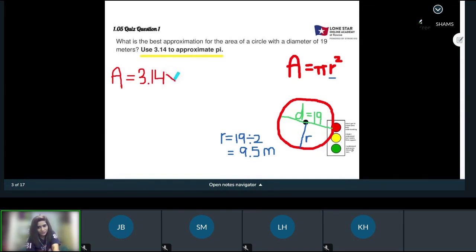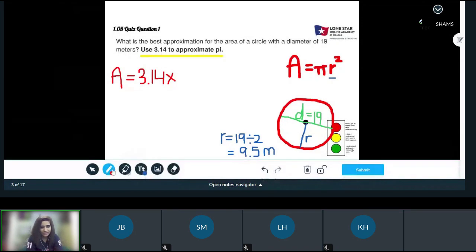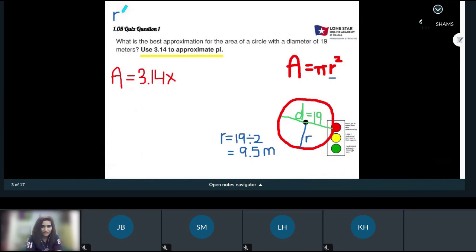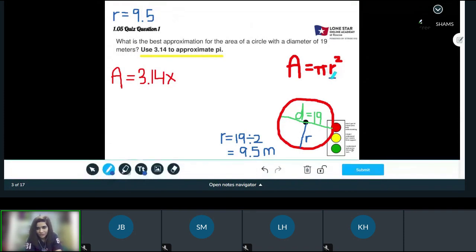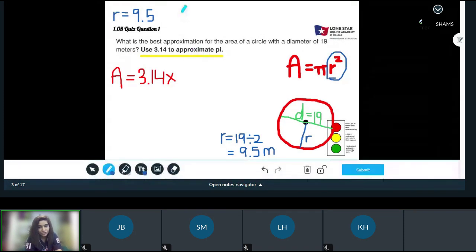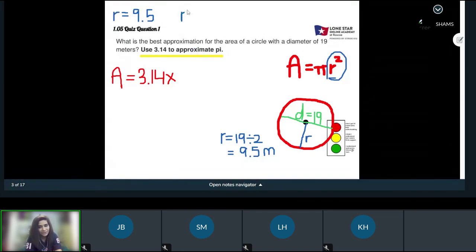I know that my radius is 9.5. To find r squared, look here in the formula, it says r squared. To find r squared, I will find the square of 9.5. And I will show you what that means.